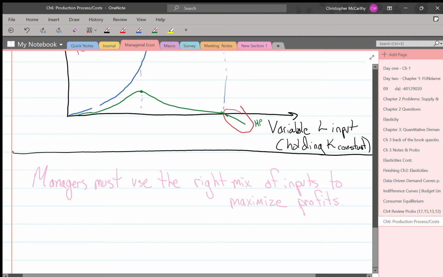In order to talk about this, we need to introduce a new variable called the value of the marginal product of labor. The value of the marginal product of labor is abbreviated VMPL, and it's no more than my marginal product of labor times whatever the price is of that final good.